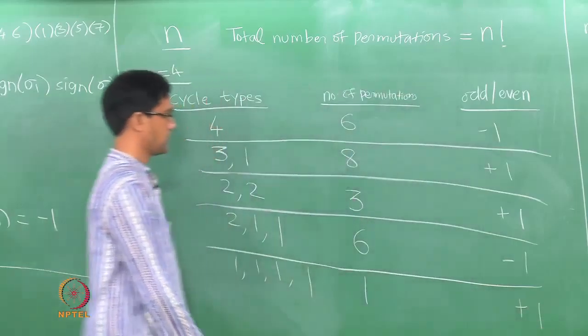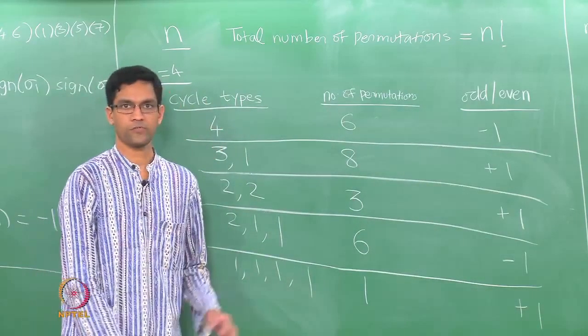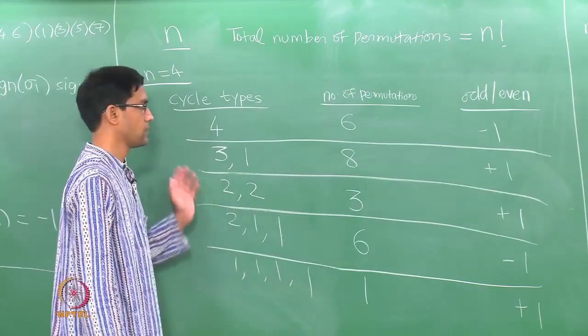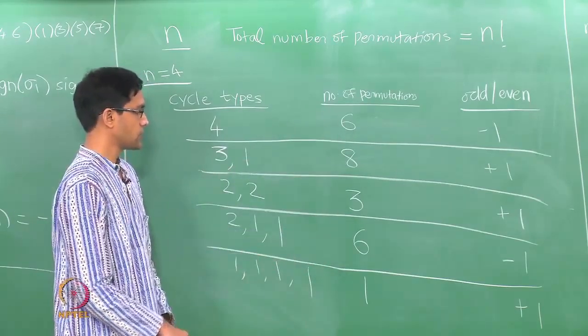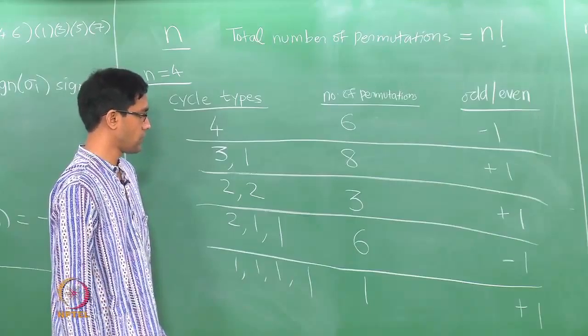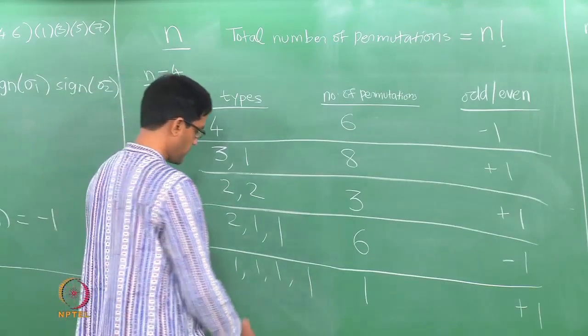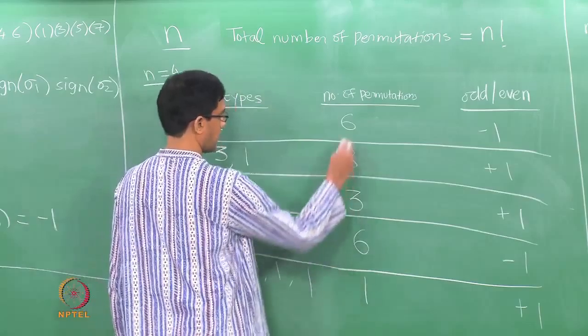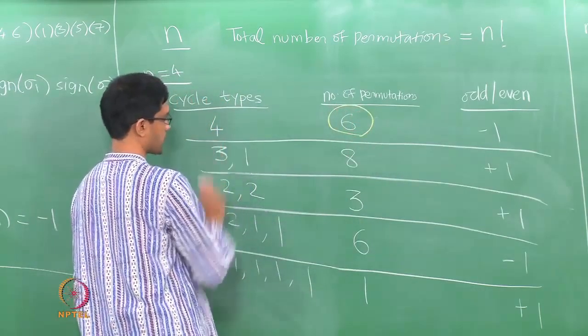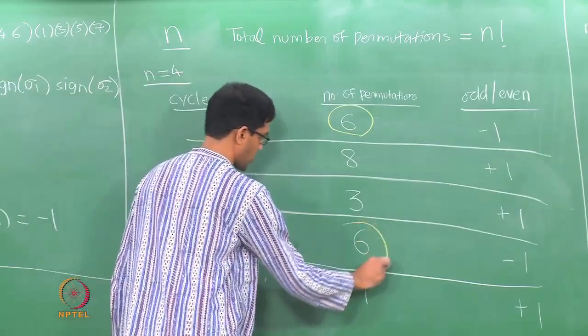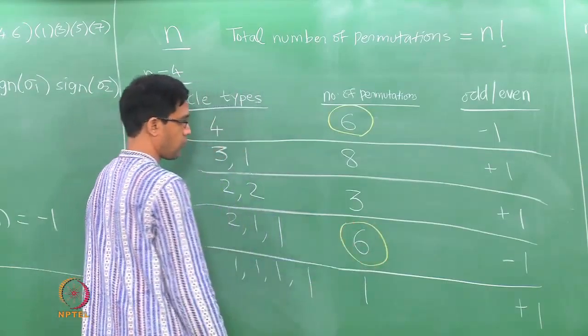So this is the full list: given a cycle type, is it odd or even, and the answers are right there. So let's count the total number of odd and even permutations. Which of these are the odds? Well, in the first row, there are 6 odd permutations with cycle structure 4. There are another 6 odd permutations with cycle structure 2 1 1.